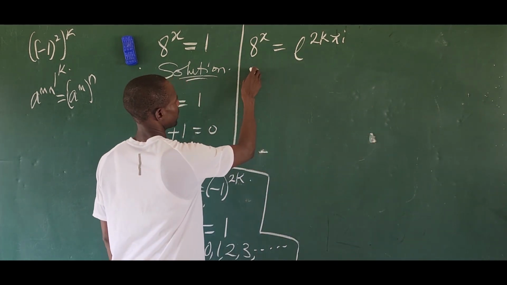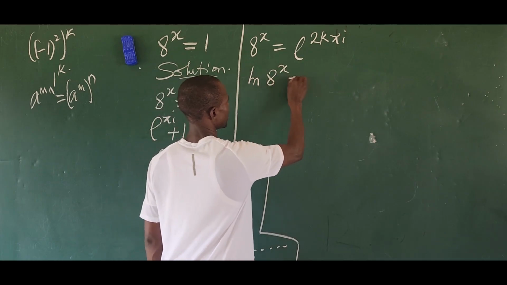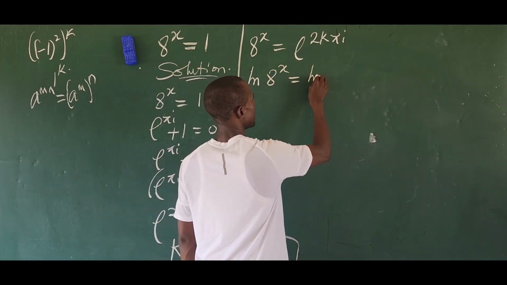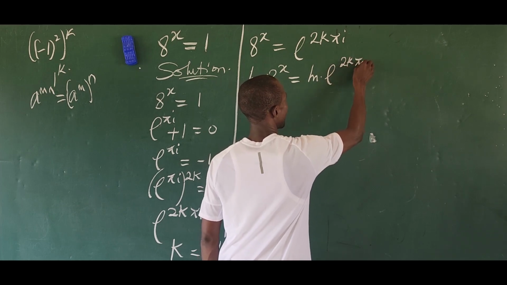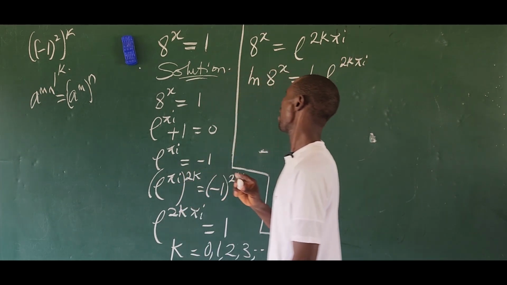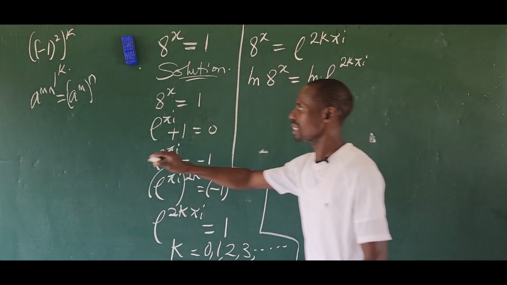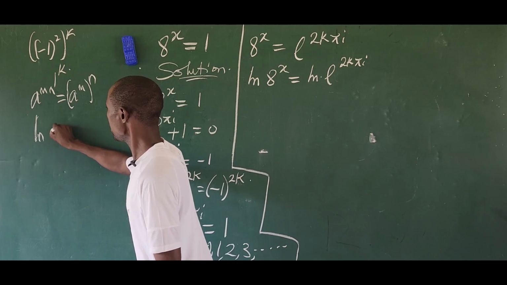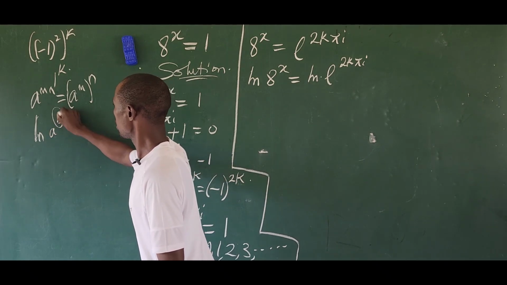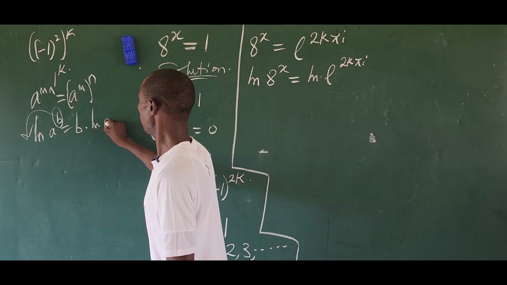So we have ln of 8 to the power of x equal to ln of e to the power of 2k pi i. We apply the law of logarithm, which says that ln of a to the power of b gives us b times ln of a.